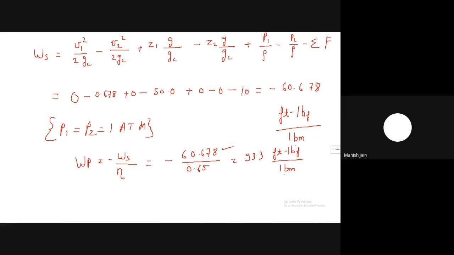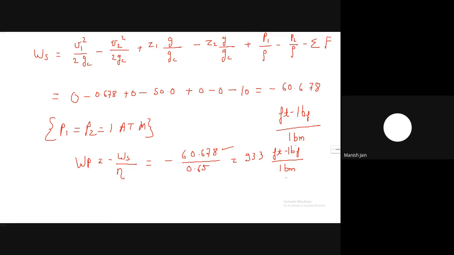Now you have to convert it into horsepower. For converting to horsepower, you have to convert this energy consumption per unit mass to energy consumption per second, per unit time.